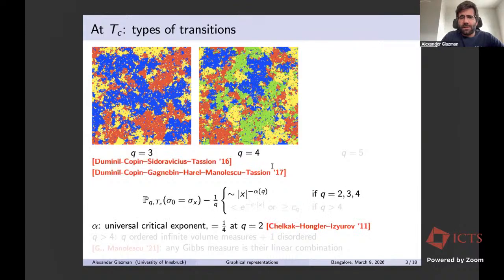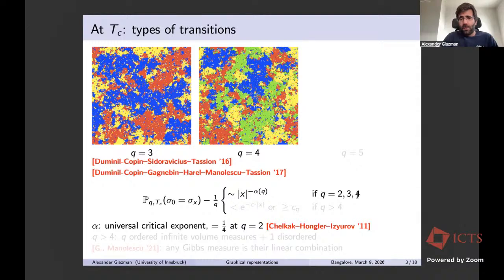What's known about this is the following: the decay of correlations is polynomial, meaning that there is an RSW estimate. It's not known that there's one particular alpha; it's between two bounds for q equal 2, 3, and 4.